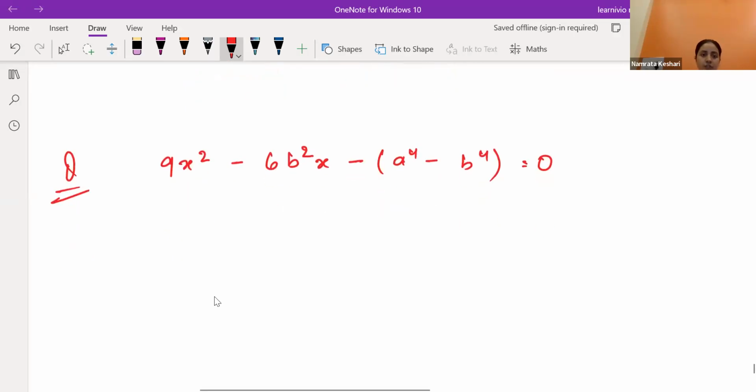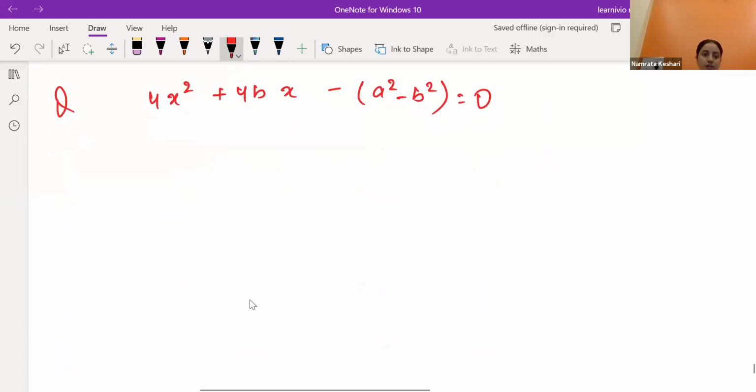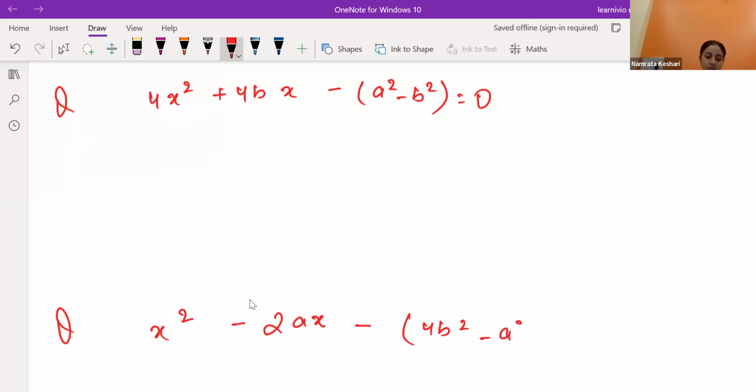We'll be doing it over here. 4x square plus 4bx minus a square minus b square is equal to 0. We'll be doing it over here. x square minus 2ax minus 4b square minus a square is 0. We'll be doing it over here.